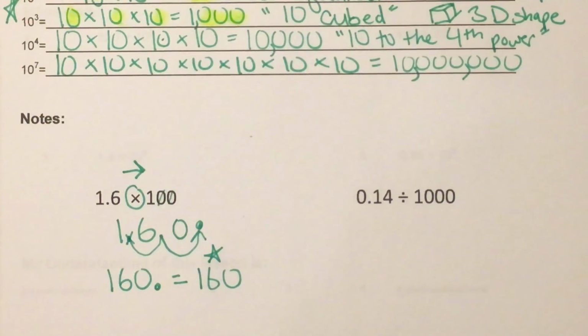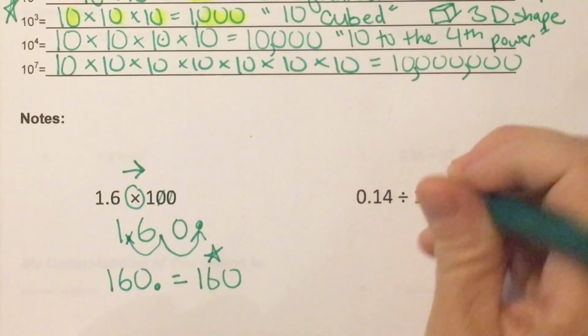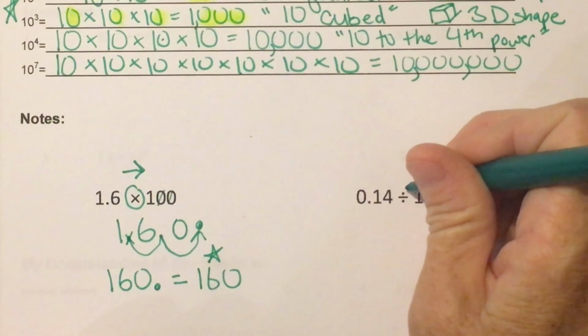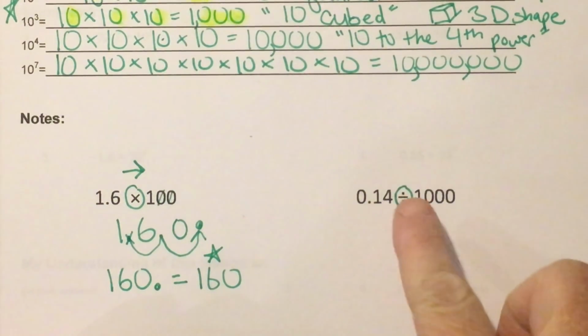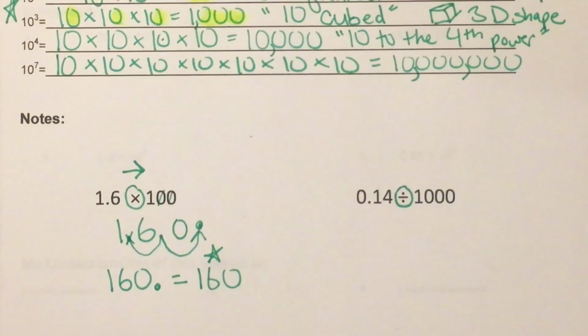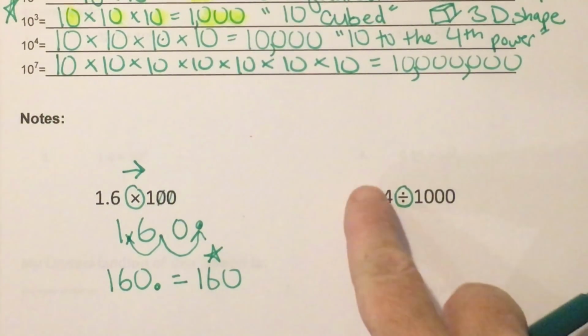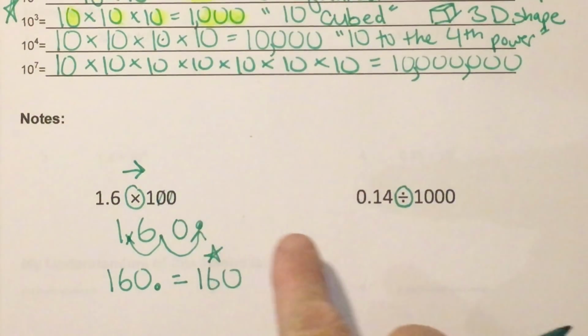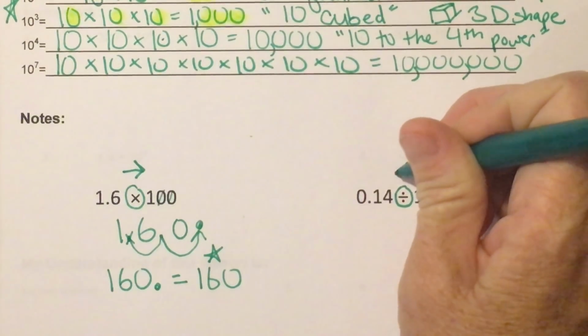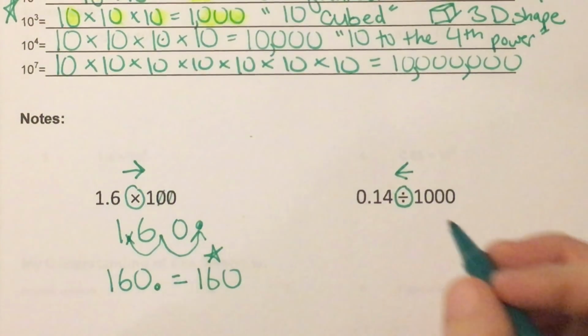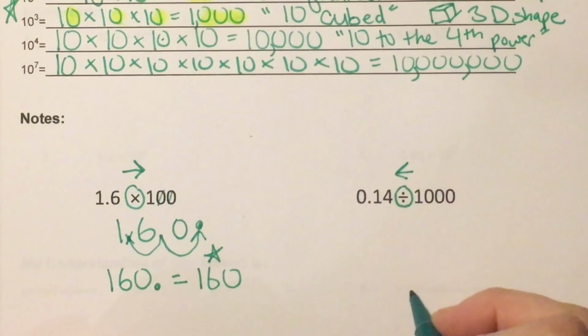Okay, here's another quick example. Remember, I already have a decimal, so I'm ready to go. I circle this and say, wow, if I divide by 1,000, it's going to get a lot smaller. So which direction does my decimal need to go to get smaller? It needs to go to the left. I could rewrite it again, or I could use it here.